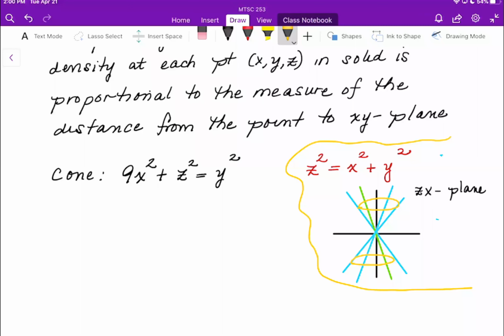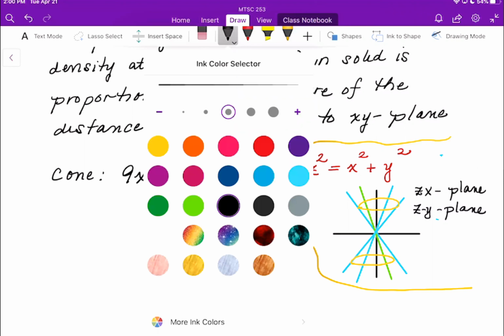Well, guess what? This is also the zy plane. I did them both over here. This one now is y is equal to 9x squared plus z squared. So this one has a completely different look.